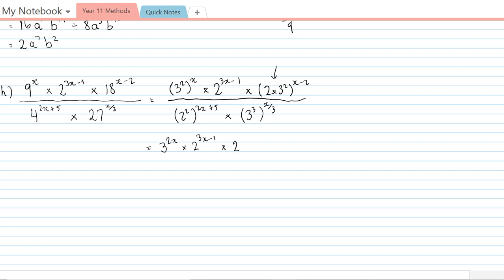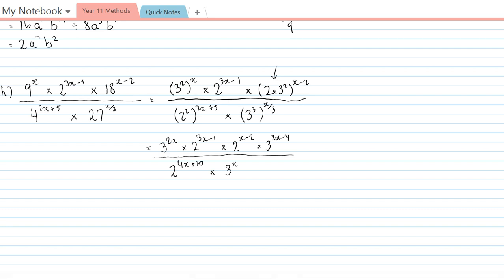So we've got 2 to the power of x take 2 times 3 to the power of 2x take 4, remembering that we multiply the powers. In the denominator, we are going to have 2 to the power of 4x plus 10. And then we're going to have 3 just to the power of x, because the 3 over 3 would just cancel out.